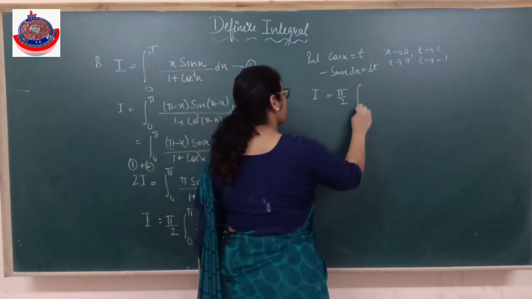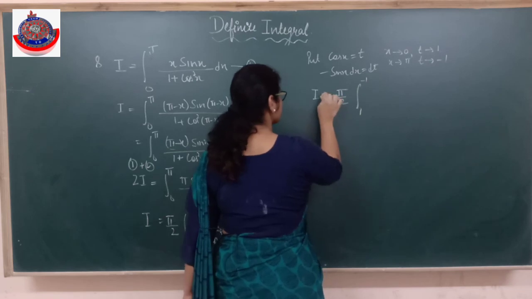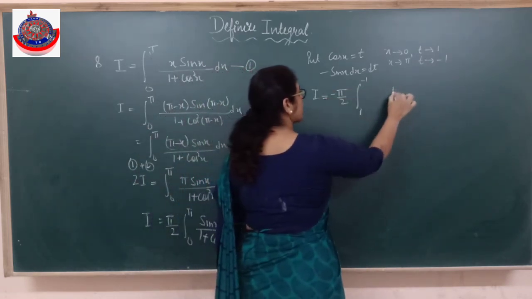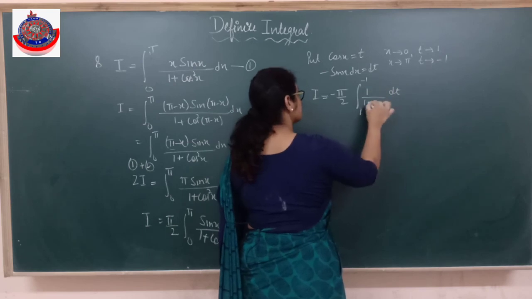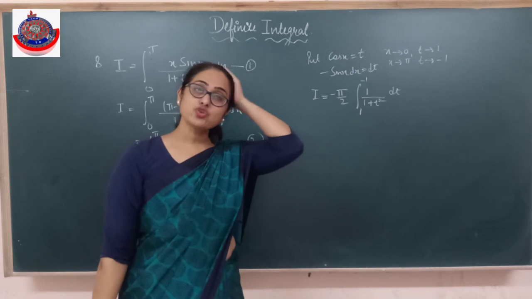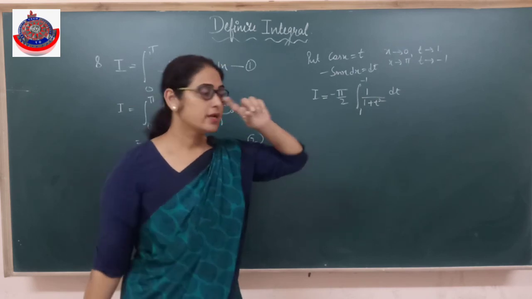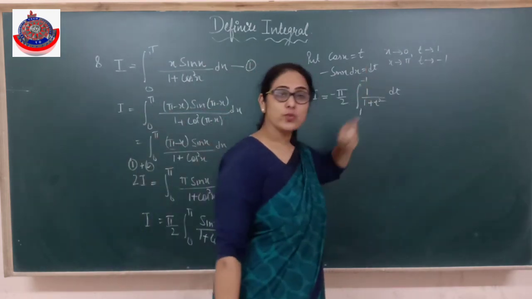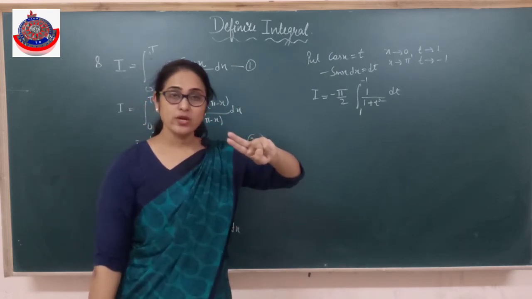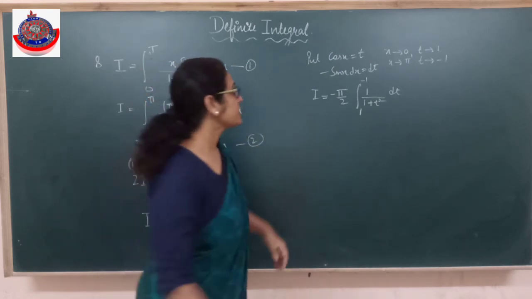So my question has become, the limit has become 1 to minus 1. Sin x dx is minus dt, so minus is outside. Now we know that almost every time it should be from the smaller number to the bigger number. So I'll change the limit from minus 1 to 1. When I'm interchanging the upper limit and lower limit, what happens? The negative sign comes outside.